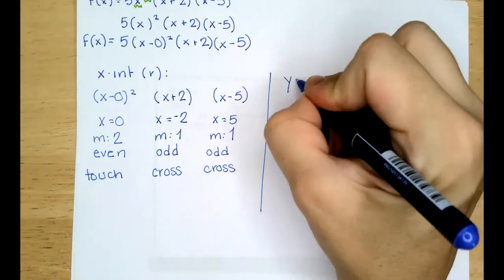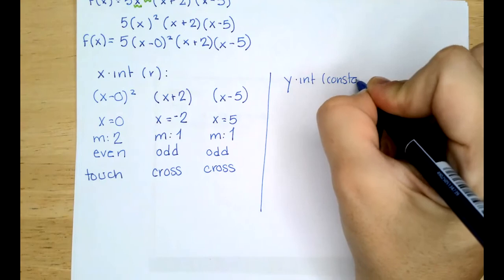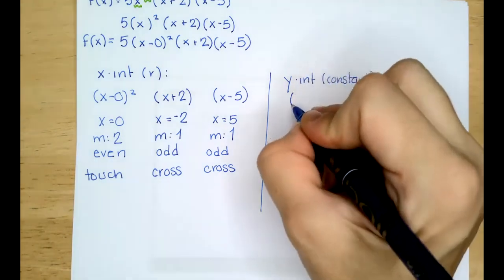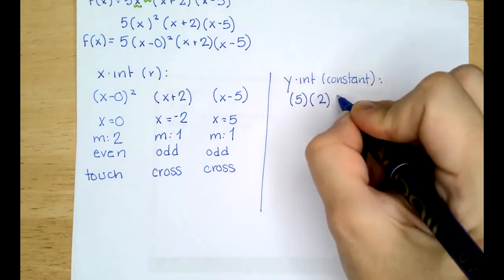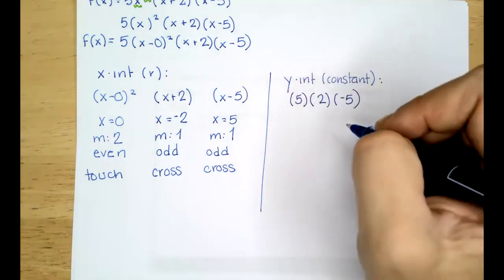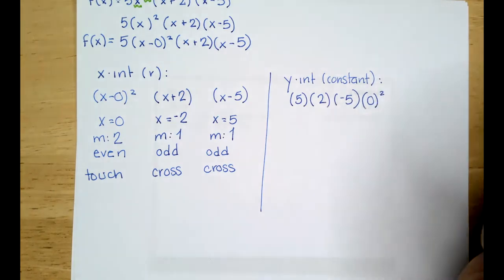Let's do our y-intercept, which is also our constant, by multiplying all the constants together. So we have 5 as a constant, we have 2 as a constant, and we have -5 as a constant. Oh, and sorry, we have 0 squared as a constant.